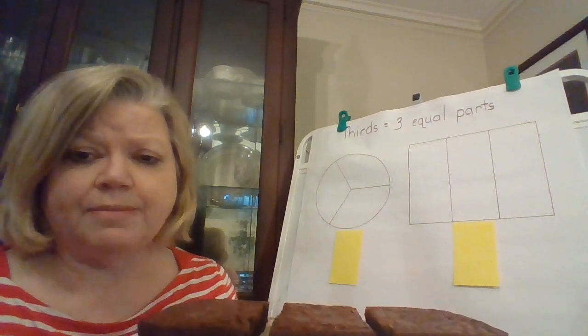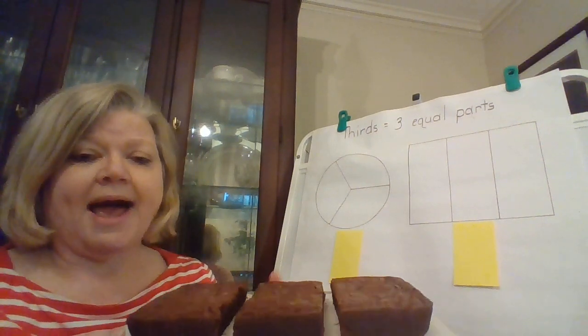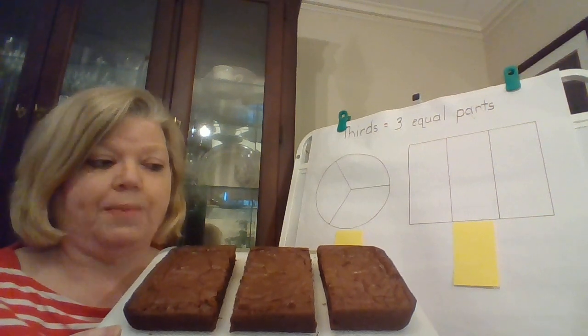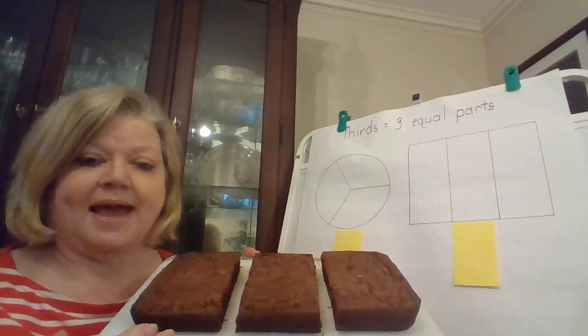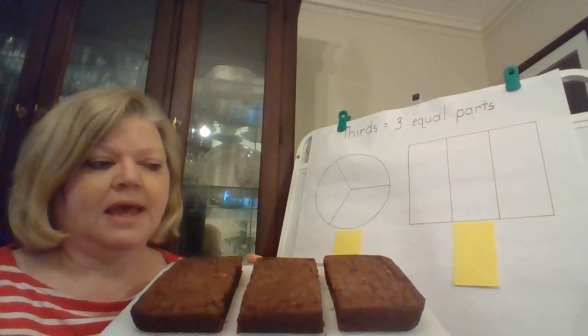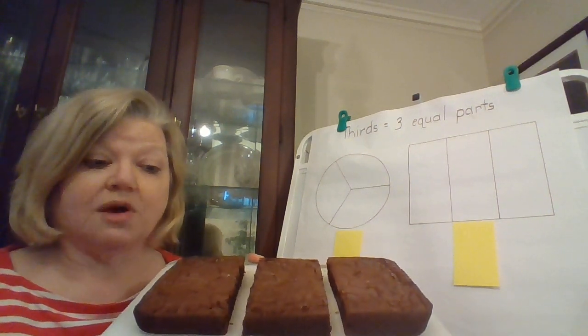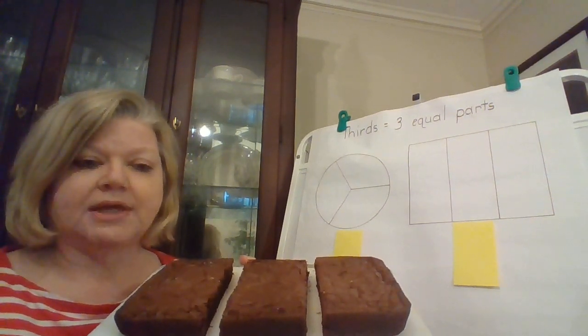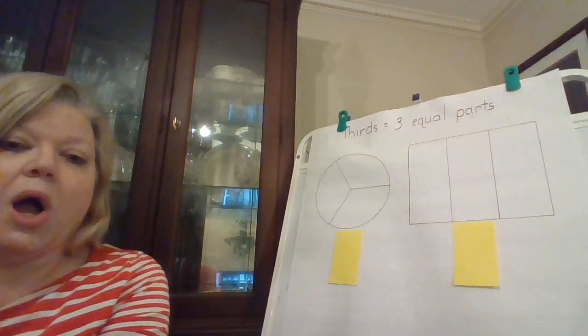I cannot put them into 4 equal parts. I had to try to put them into 3 equal parts so that I could have some and my 2 friends could have some. So we're going to talk today about how many parts? 3 equal parts, and 3 equal parts are thirds.